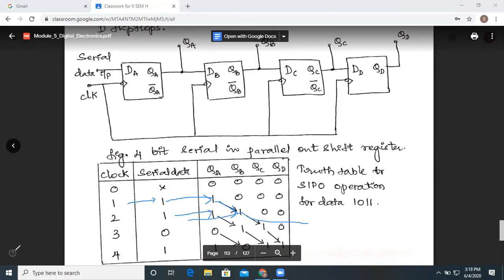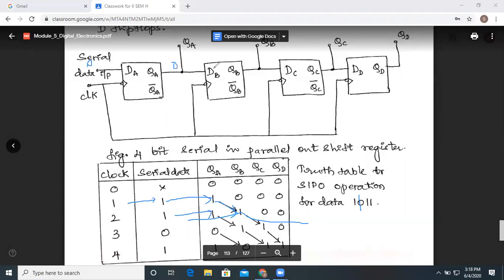Now let us move on to apply the third clock pulse. Before applying the clock pulse, we are supposed to give the data over here. What is our data? Our data is 0. So that data 0 is given over here and we apply 1 clock pulse. When we apply the clock pulse, the available data over here will appear at the output.